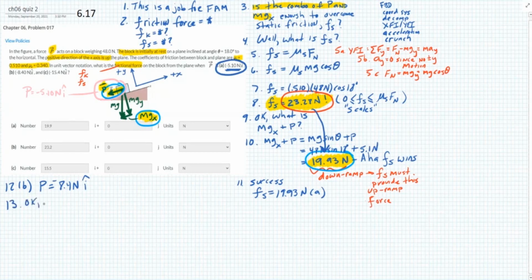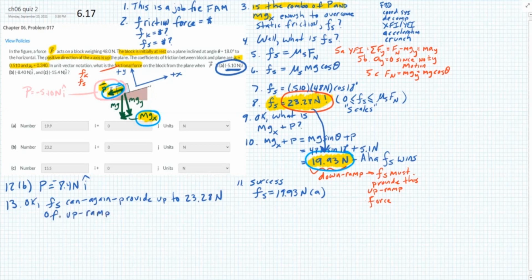Okay. I still, F sub S, can once again provide up to 23.28 newtons of up the ramp force. That's the max.